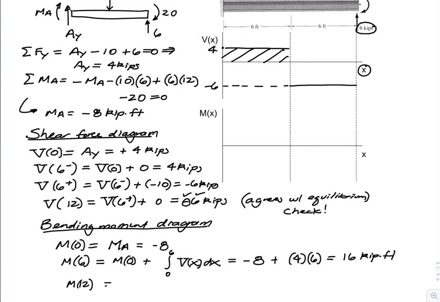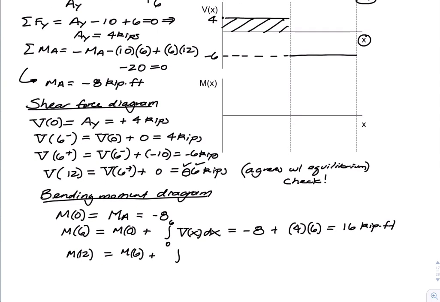M12, well, that's M at 6 plus the integral from 6 to 12 of V of x dx. So we saw that M6 was equal to 16. Here the area under the curve, it's going to be a 6 times a base there of 6, but the V of x is a minus, so we need to put the minus sign there.